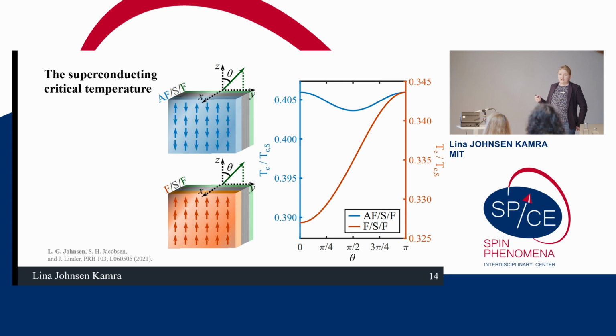Because of this, we're able to pick out the second mechanism that I talked about, namely whether we have just opposite spin triplet for a parallel alignment or equal spin triplets for a perpendicular alignment. And this is exactly what we see here, that for zeta equal to pi over 2, there's a suppression in the critical temperature owing to these equal spin triplets that can more easily leak out of the superconductor.